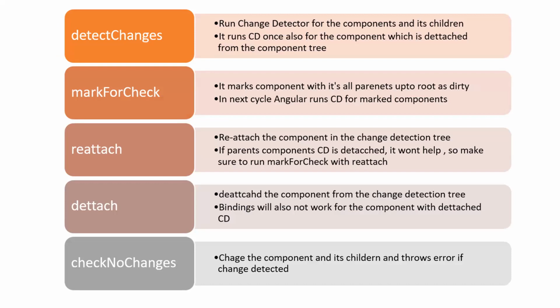In the next cycle, Angular runs CD for marked components. reattach reattaches the component in the change detection tree. If the parent component's CD is detached, it won't help, so make sure to run markForCheck with reattach. detach detaches the component from the change detection tree. Binding will also not work for a component whose change detector is detached. And checkNoChanges checks the component and its children and throws an error if change detection runs. So if you do checkNoChanges, you cannot run the change detector.